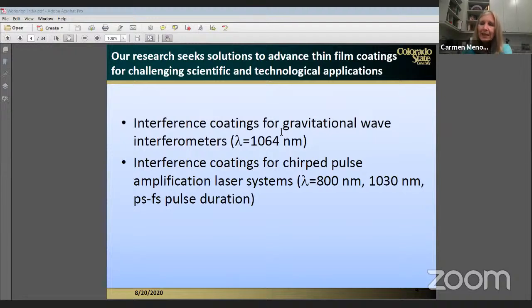But these lasers, unlike the laser used in the gravitational wave interferometer, produce pulses that are very short. So in other words, we are able to deposit all of the laser energy within an extremely short pulse. So we have extremely high intensity.